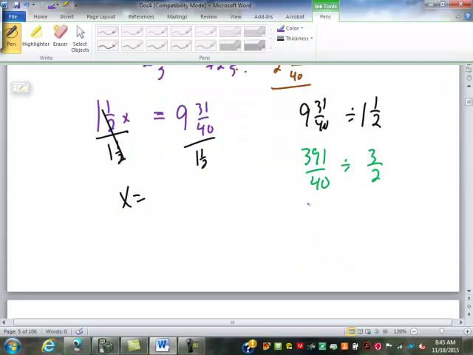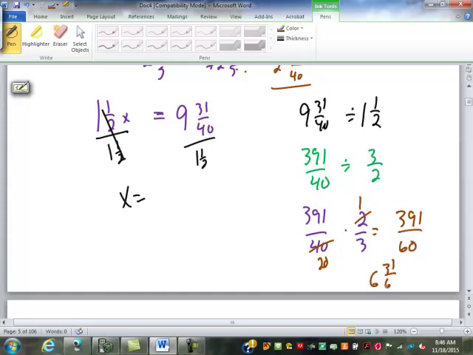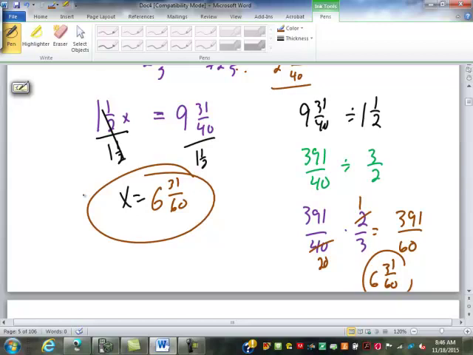So then 391 over 40 times 2 over 3. The 2 and the 40 cross cancel to give me 20 and 1. This is 391 over 60, which is 6 and 31/60. So x is 6 and 31/60. See how easy that is?